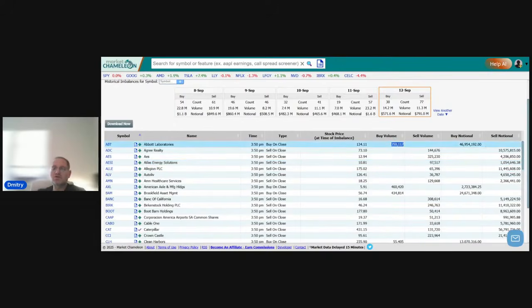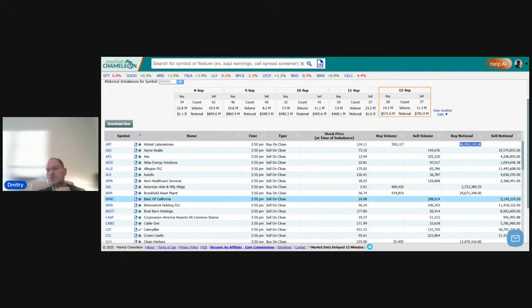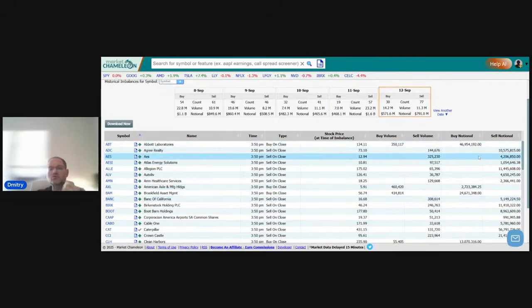And this is the notional value, which was the closing price times the number of shares. So here was, what is that, 46 million? Almost $47 million worth of shares in dollar terms. So that's quickly how to read this report and get insights.